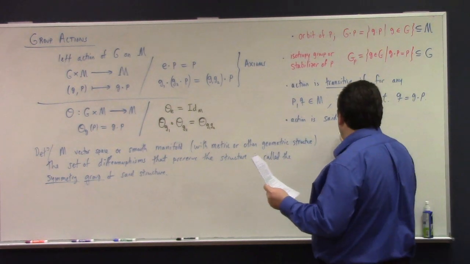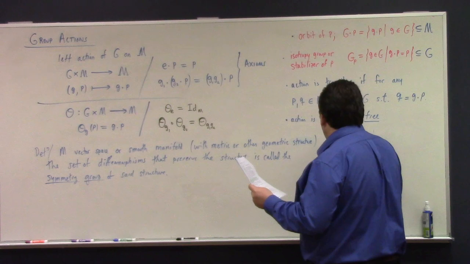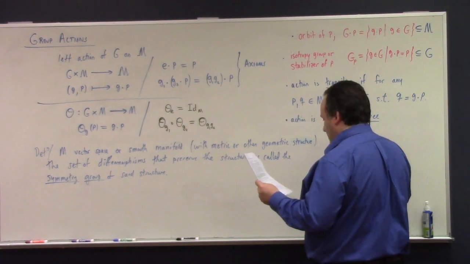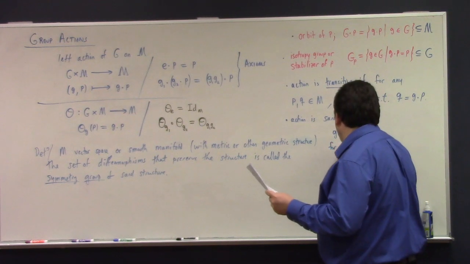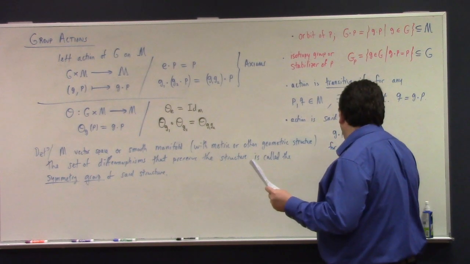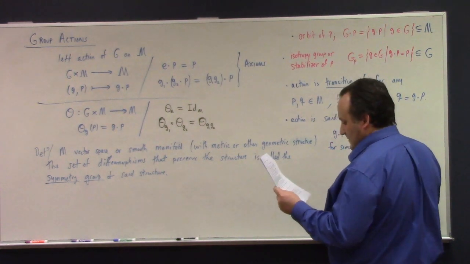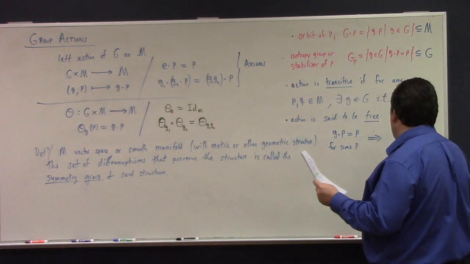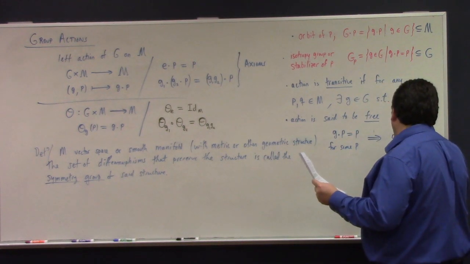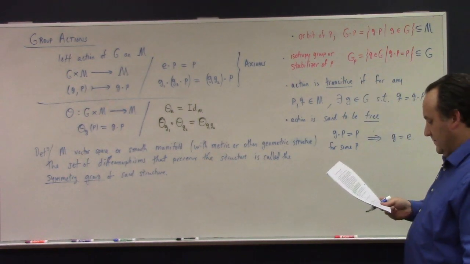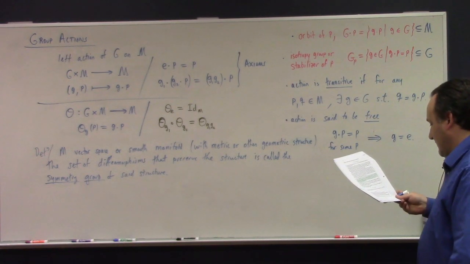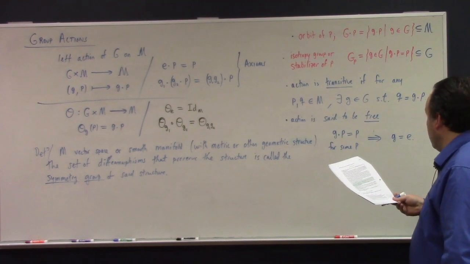In other words, if you've got G dot P equals P for some P, that implies that G equals E. Equivalently, he says, every isotropy group is trivial.